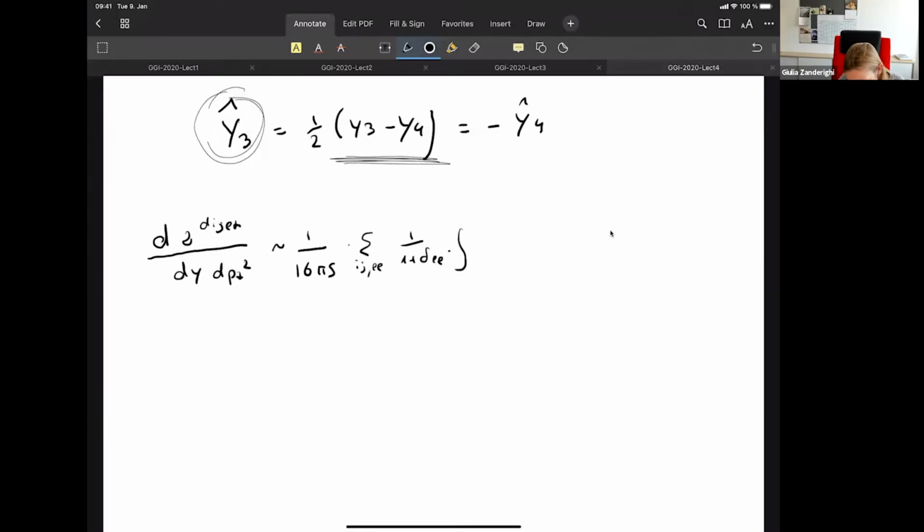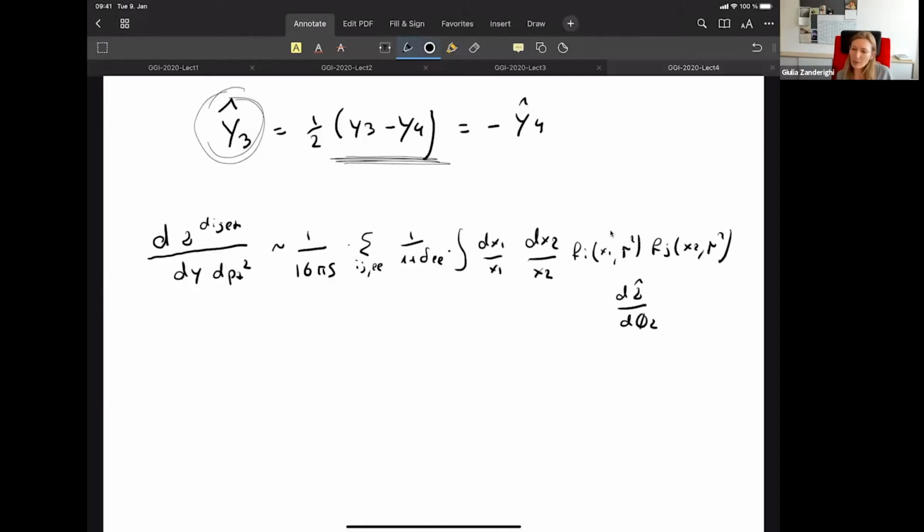And then once you work out the kinematics, you get this expression written in this form, x1 mu squared of i, x2 mu squared of j, and this differential cross section in phi2.